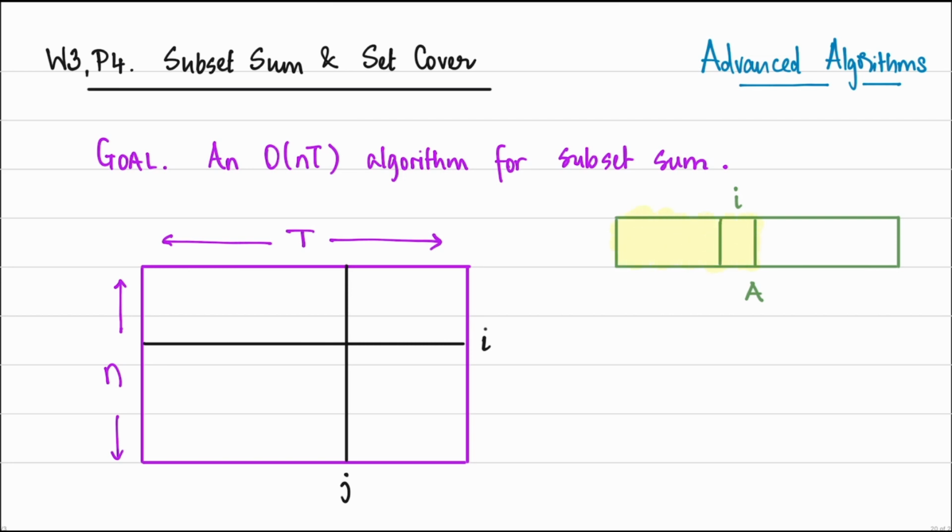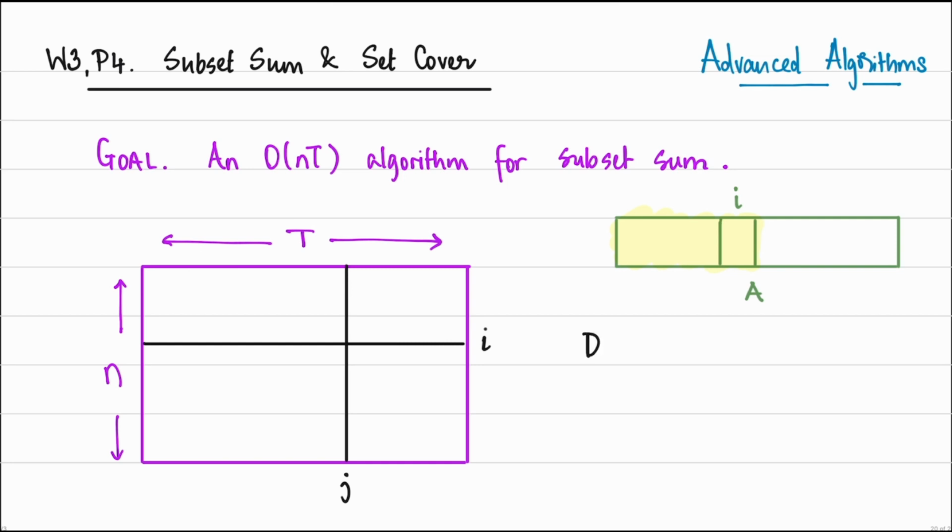So I want to just focus on the first i elements in the array A. And I want to ask myself, can I achieve a sum of j using some subset of the first i elements in A? So that's going to be my subproblem, that's going to be my DP table.